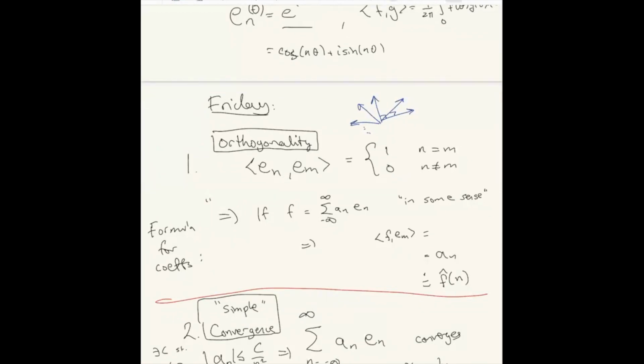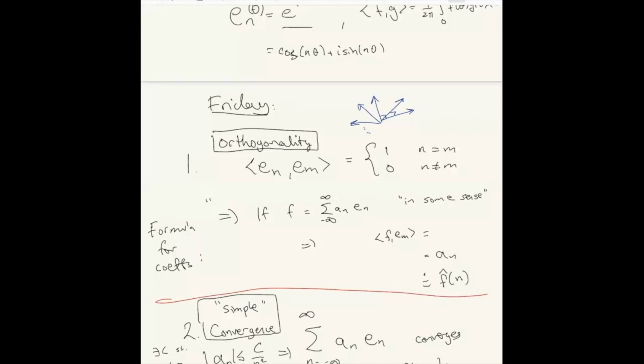Now, there's a standard way of expressing, if you have a basis, how do you express the function in that basis? Well, you can figure out the coefficients by actually going in reverse. Suppose that f was equal to such a sum. And since we have an infinite sum, let's for the moment disregard the convergence issue.